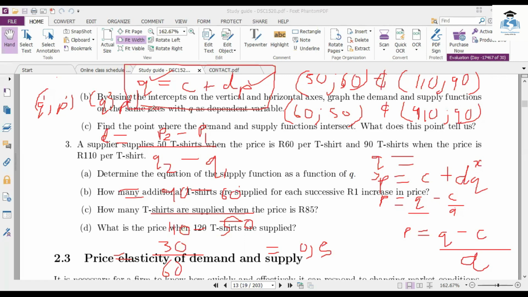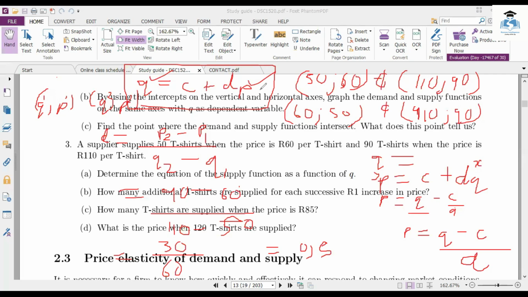Okay. If you still remember, I said you need to pay attention to what is being asked. When I was explaining the dependent and the independent, I said sometimes they would want you to say Q is the dependent and P the independent.